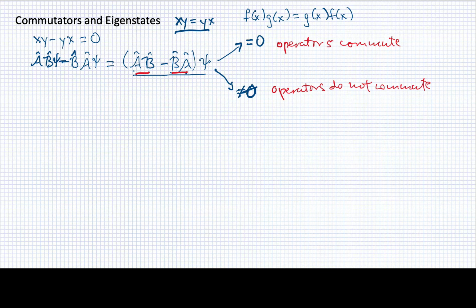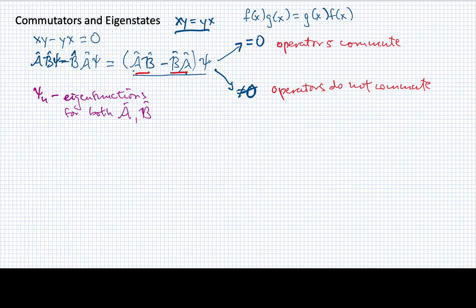Let's see if we can illustrate that. I'm going to assume that I have a set of functions, I'll call them psi of n, and psi of n will be eigenfunctions for two different operators, for both A and B.